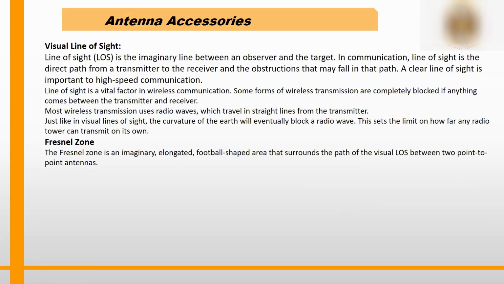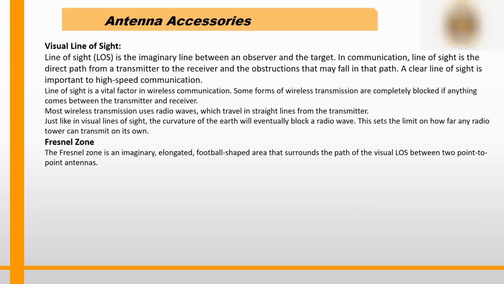In a communication, line of sight is the direct path from transmitter to the receiver. It is important for high speed communication. Line of sight is a vital factor in wireless communication. Some forms of wireless transmission are completely blocked if anything comes between the transmitter and the receiver. Most wireless transmission uses radio waves, that we already know.